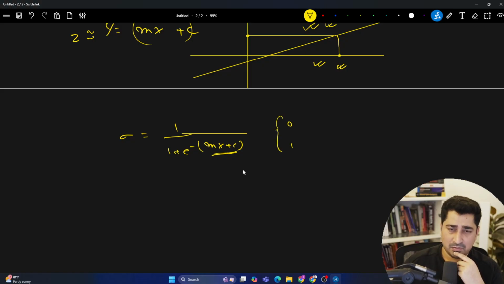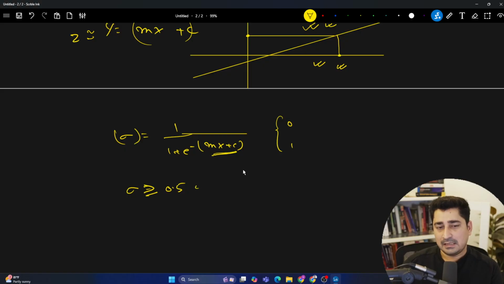It will never go below 0 or cross beyond 1, and this is what a probabilistic function does. And they have built the intuition that if the value of the sigmoid is greater than or equal to 0.5, then the class I can define is class 1.